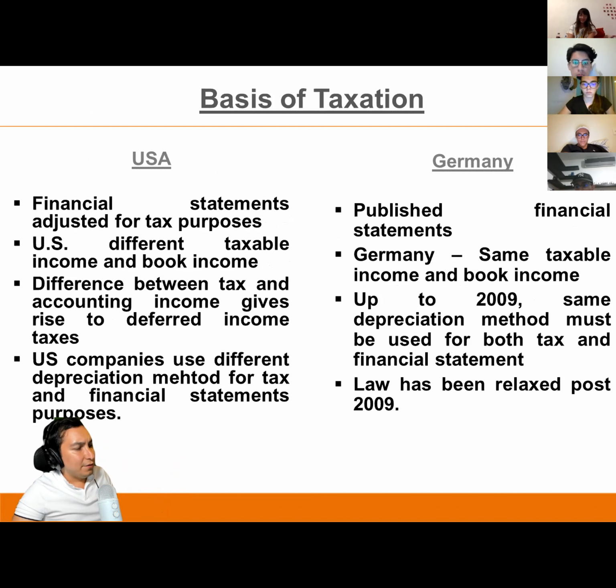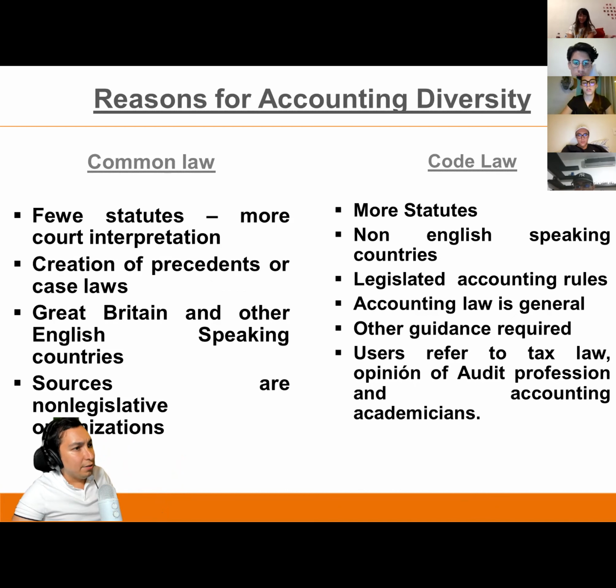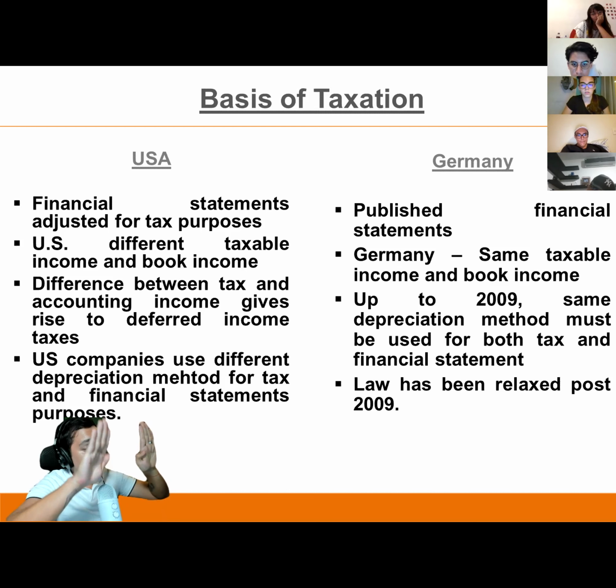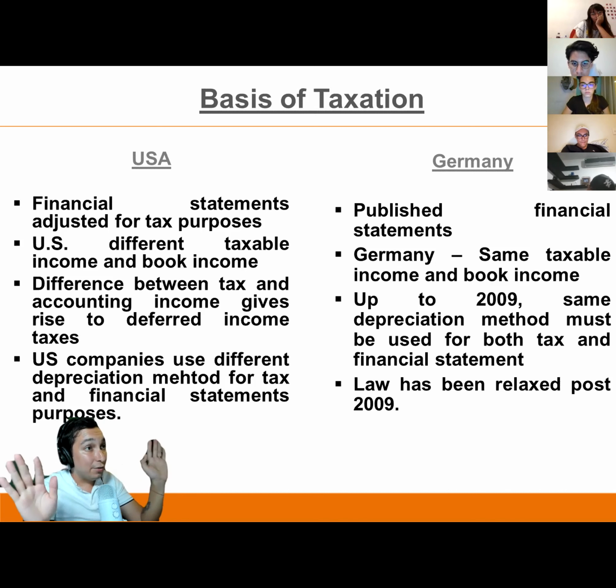So the basis of taxation is another reason of accounting diversity. Like in USA, we have financial statements adjusted for tax purposes. Learn this, guys. You have financial statements, and you have tax statements. You have double accountancy in US and Mexico. That's the same.